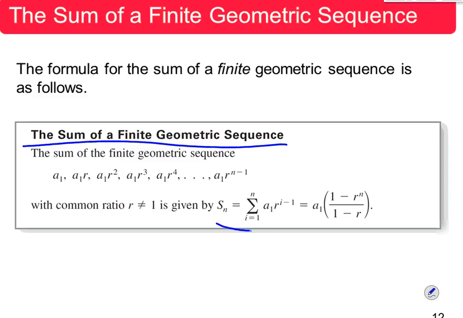Here is our sum written in summation notation from i equals 1 to n of a sub 1 times r to the i minus 1. And then our formula is a sub 1, the first term, times, in parentheses, 1 minus r to the n, over 1 minus r.